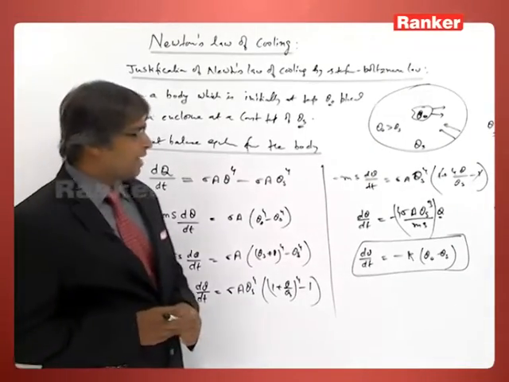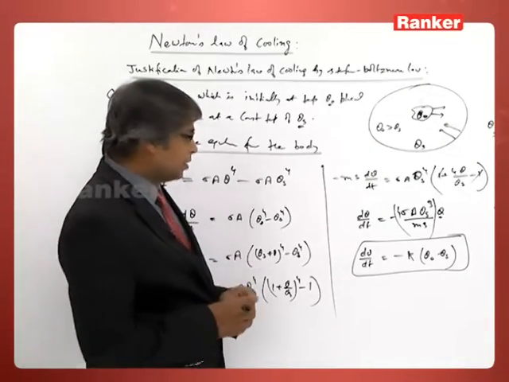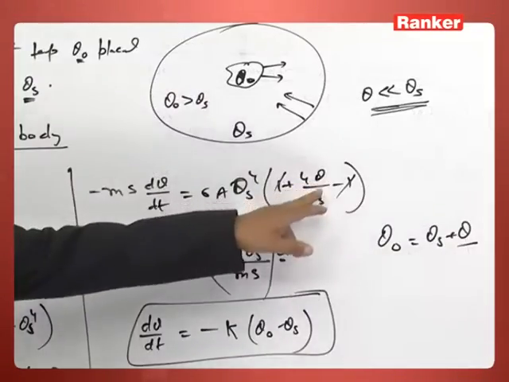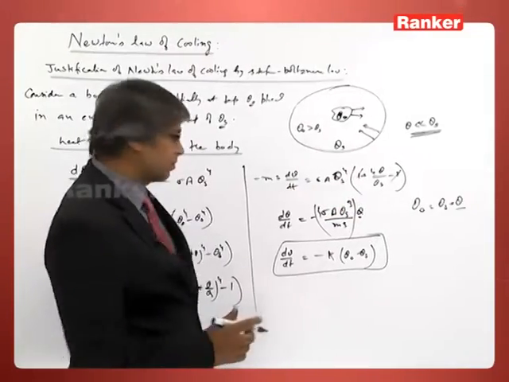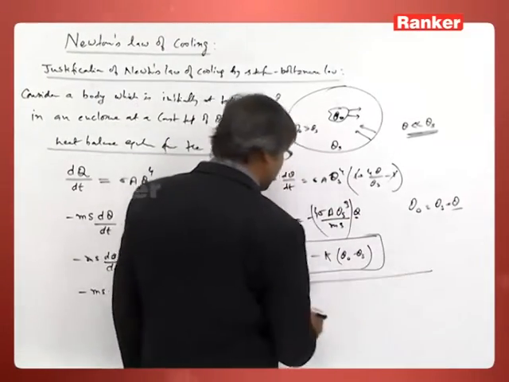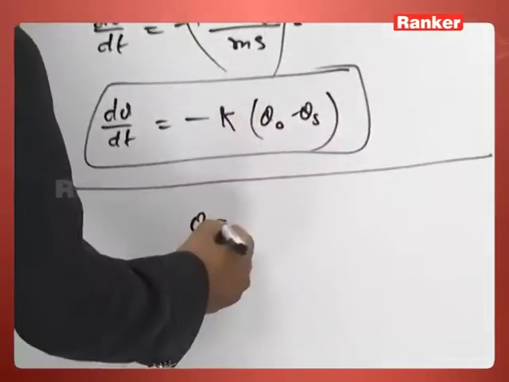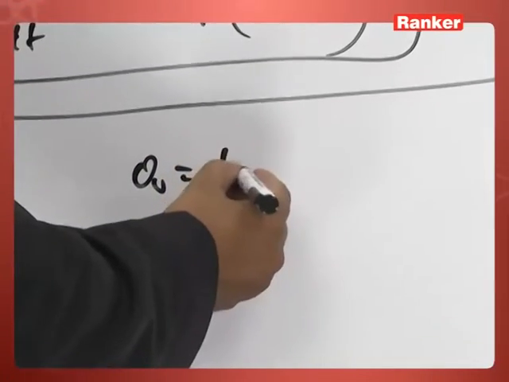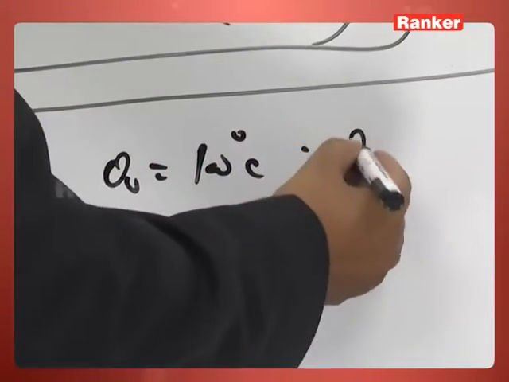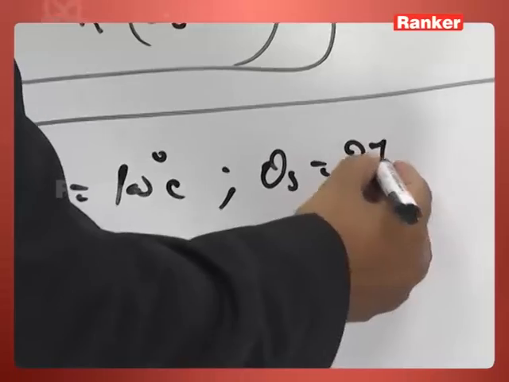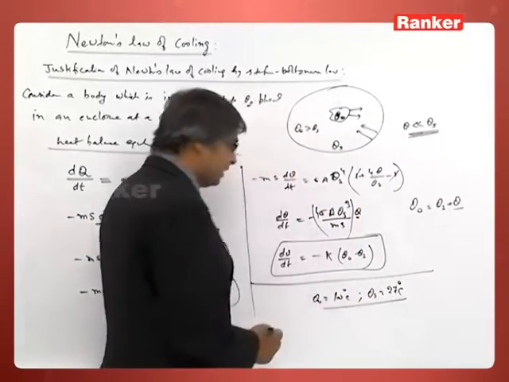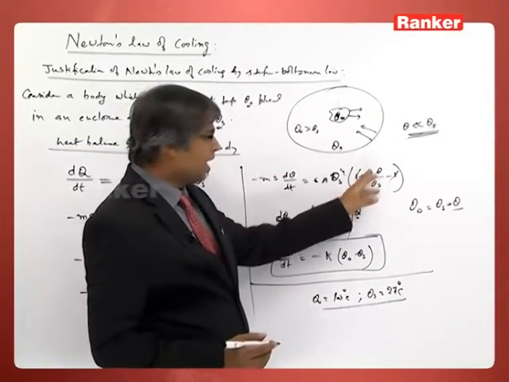Now, let us check the validity, that you see this theta must be much less than theta s. So, let us see in our common language, suppose this theta naught is at 100 degree centigrade and theta surrounding is at 27 degree centigrade. So, let us see whether I can apply this approximation.